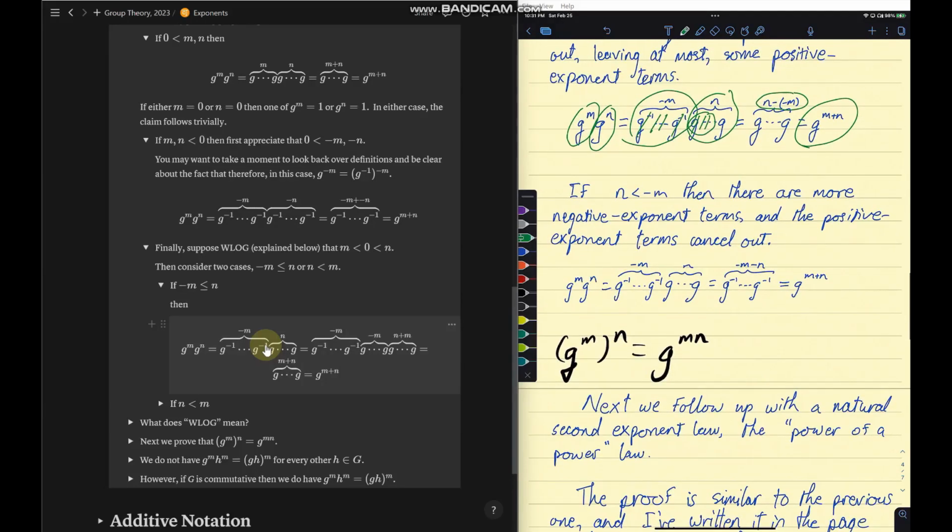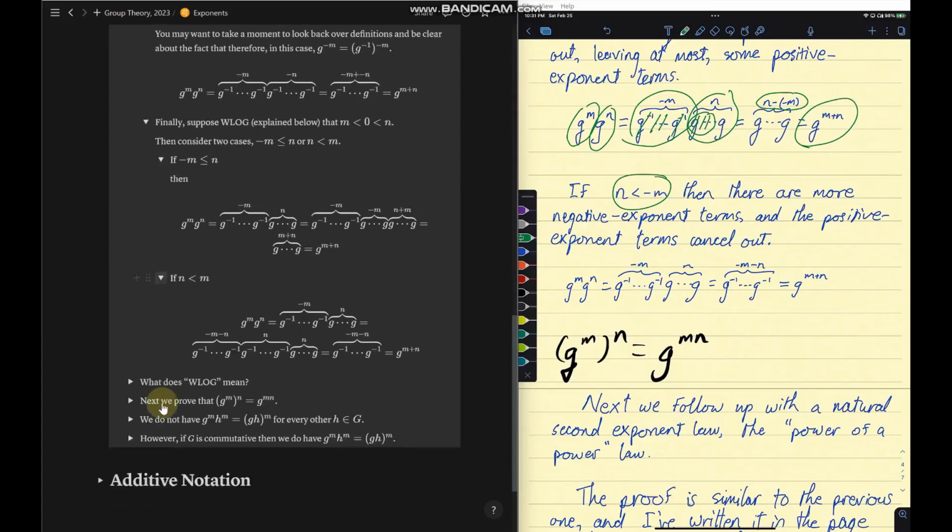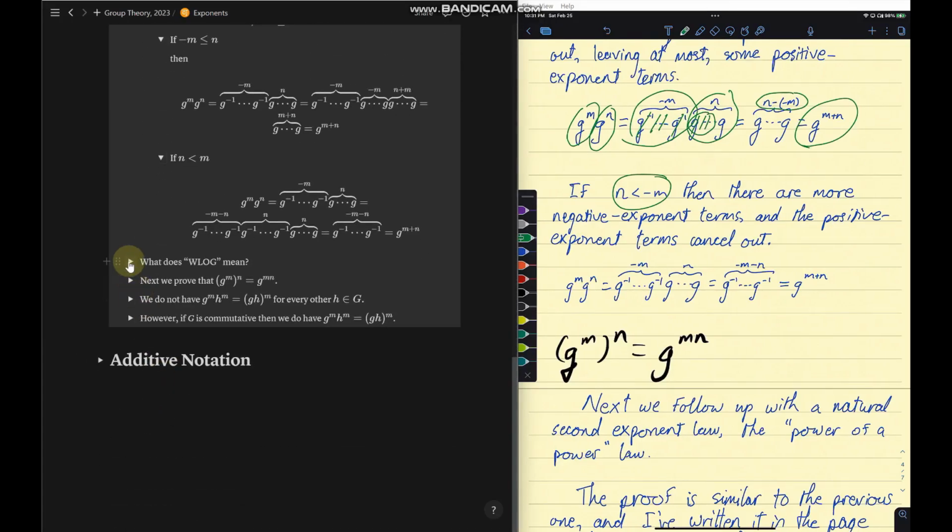Okay, in the remaining case where n is strictly less than m, almost the same thing happens. Only this time, all of the instances of g cancel, leaving only some instances of g inverse. So there are more negative exponent terms, right? More g inverses, and the positive exponent terms cancel out. That's the g's cancel out.